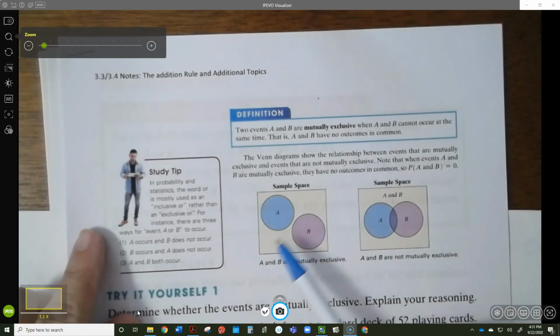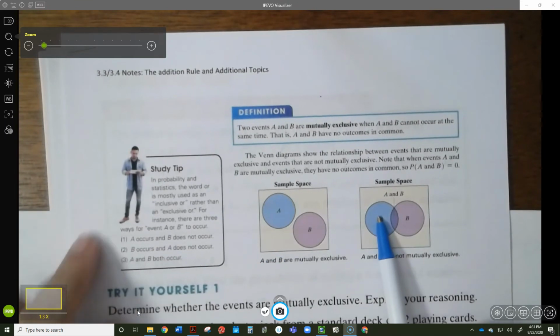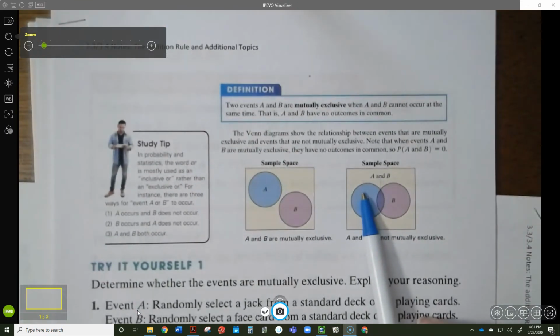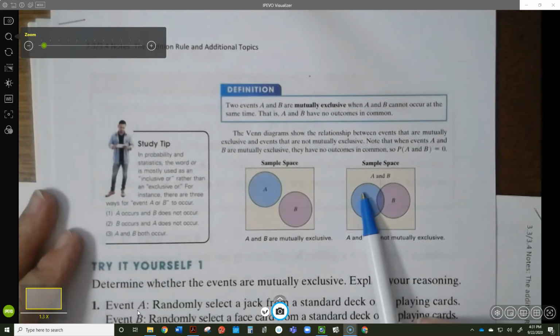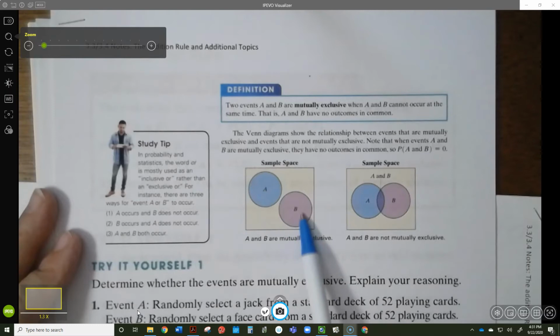These two things down here are called Venn diagrams, and Venn diagrams are the easiest way to draw a picture that represents mutually exclusive. But I can give you some examples here that will help you understand.